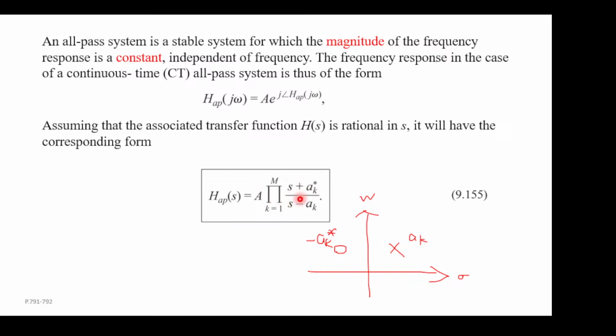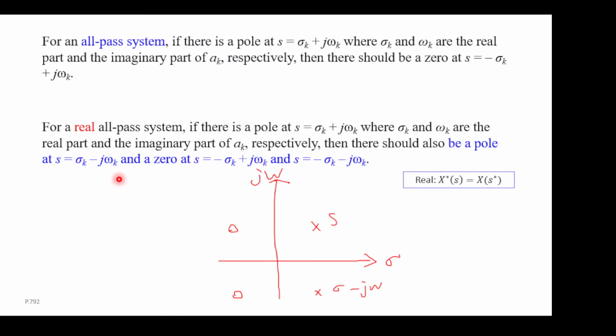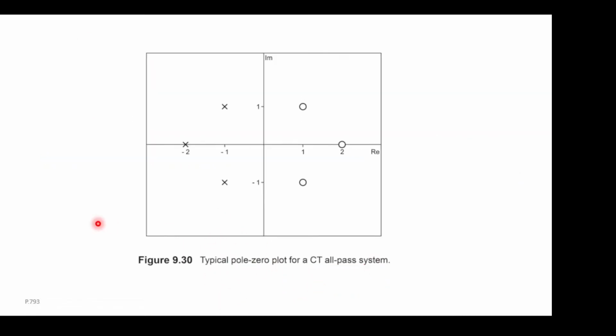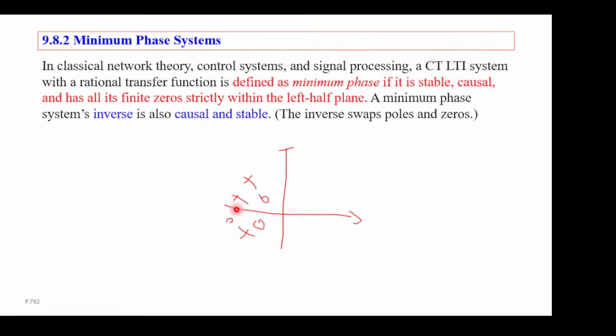And if you write them in numbers, then it's a_k and minus a_k star, etc. So that's an all-pass system. And if it's real, then you have even more symmetry, because all the zeros and poles should be mirrored around the real axis also. So you have up-down symmetry and left-right symmetry.